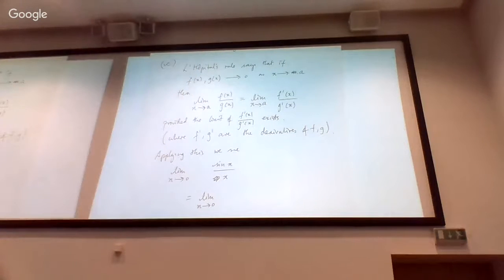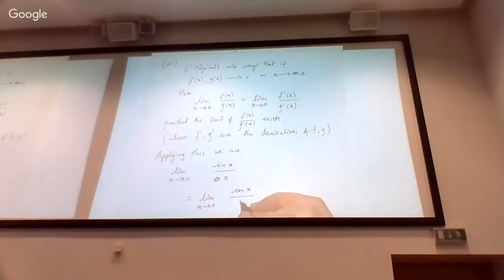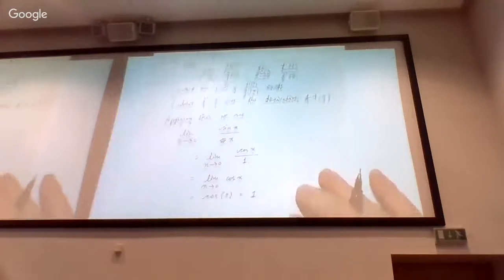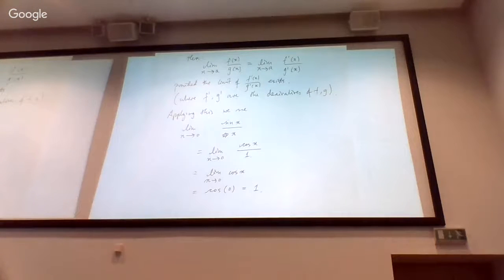So we can differentiate the top and bottom. The derivative of the top is cosine of x. The derivative of the bottom is just a constant 1. So that's the limit as x approaches 0 of cosine x, and cosine of x is a nice continuous function, so its limit is actually equal to its value at 0.